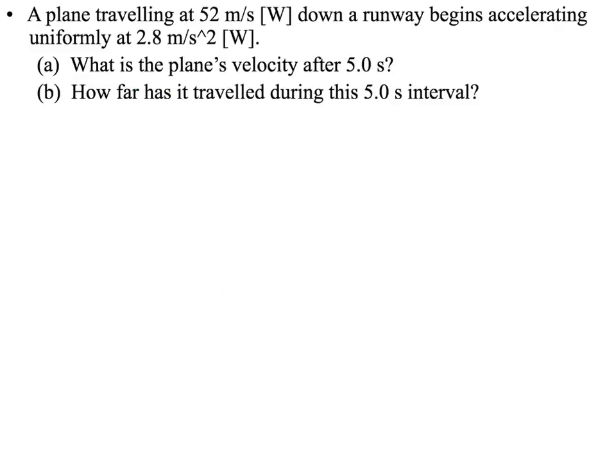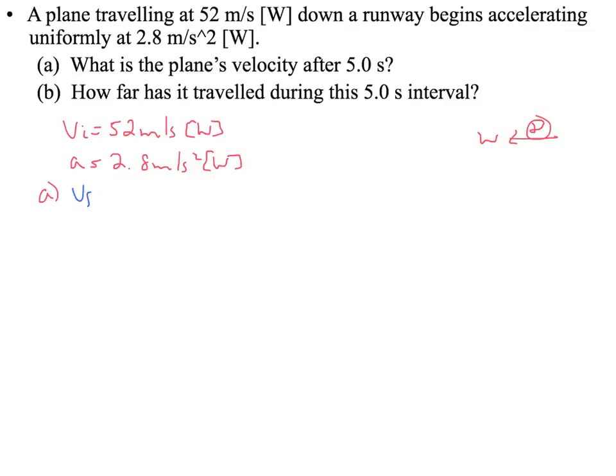A plane traveling at 52 meters per second west, so VI is 52 meters per second west, down a runway begins accelerating uniformly at 2.8 meters per second squared west. Since we are talking about west, we'll call west positive to make our life a lot easier. What is the plane's velocity? So VF is the question, when t equals 5 seconds.